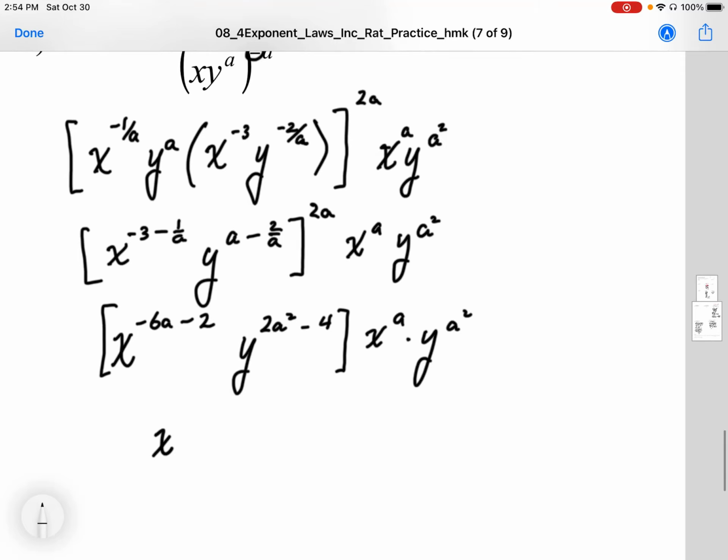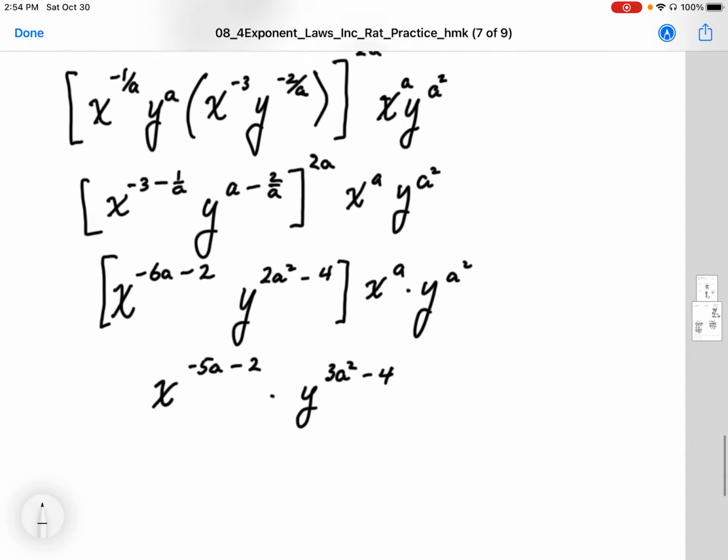So we end up with x to the power -6a plus a is going to be -5a minus 2. For the y's, it's 2a squared plus a squared. Those are like terms, so I can add them up. And then -4. So there's my solution.